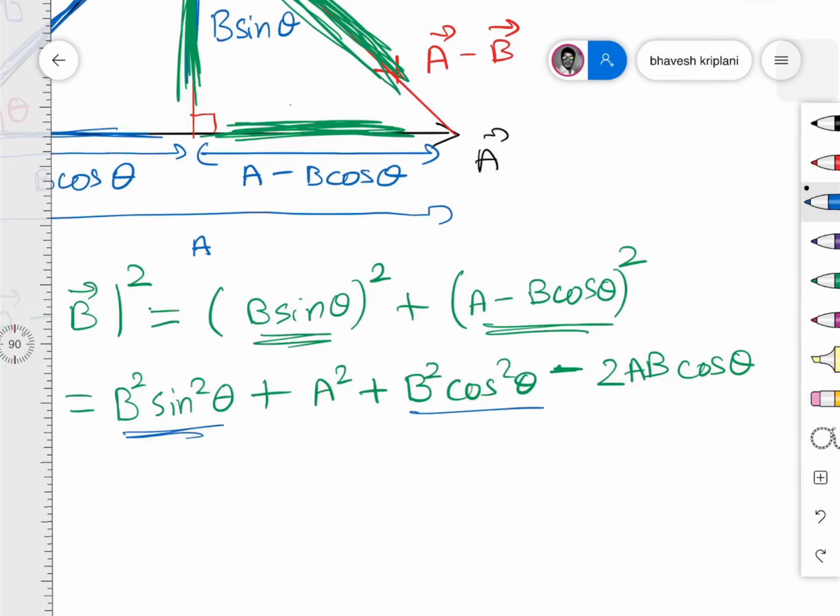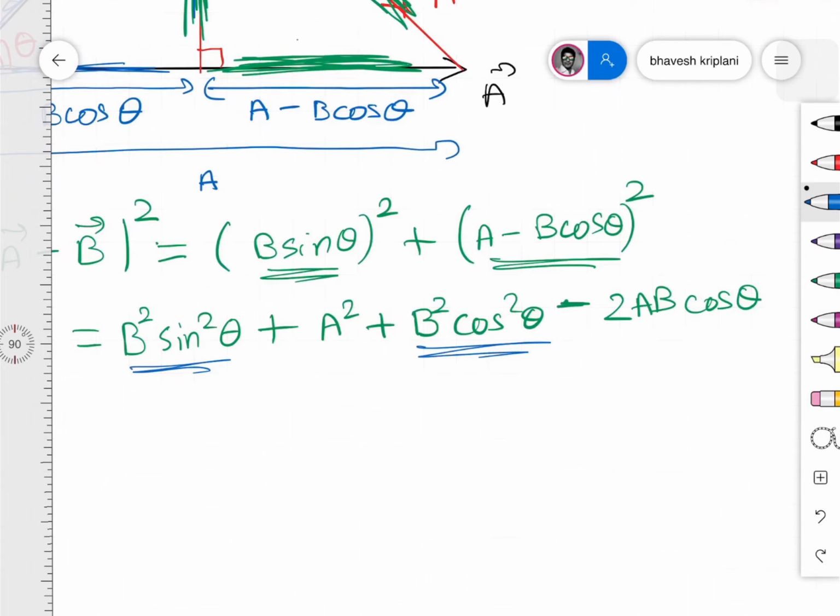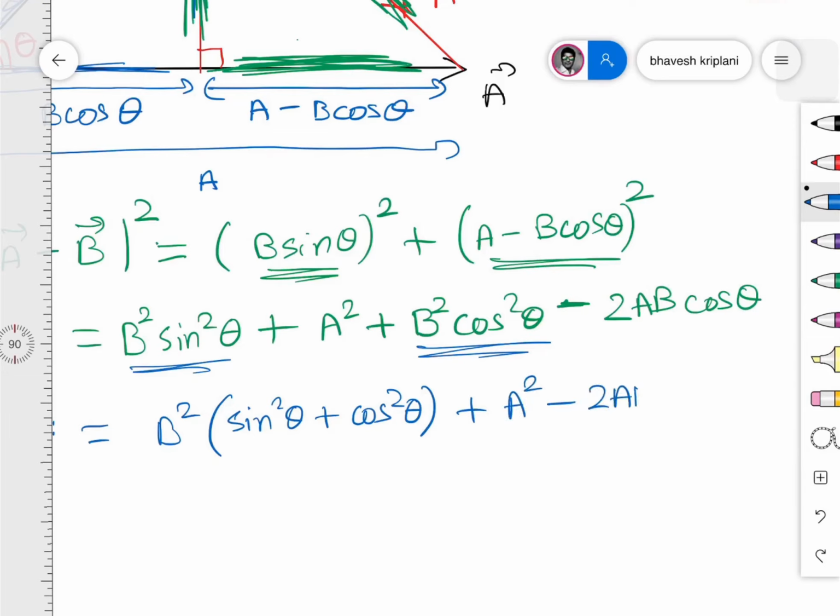Now we combine these two terms over here, then we get b square common, sin square theta plus cos square theta, plus a square minus 2ab cos theta.